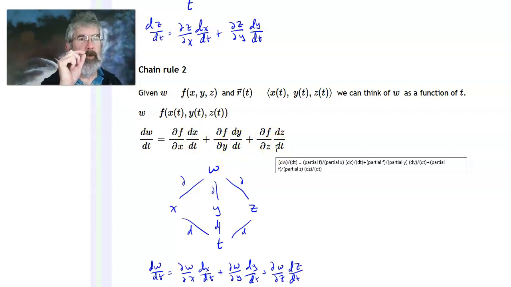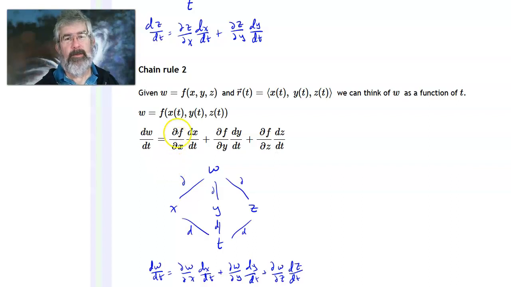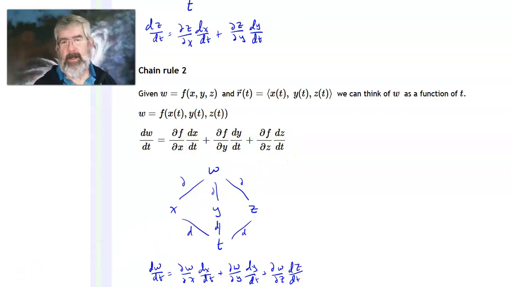That is, a slow-moving bird won't feel the same temperature change as a fast-moving bird. Even though they're moving along the same curve, one will experience the temperature changes more rapidly than the other one. Right? So it depends on how the function is changing, and it depends on how fast they're moving along the curve. So all of that is incorporated in this chain rule.